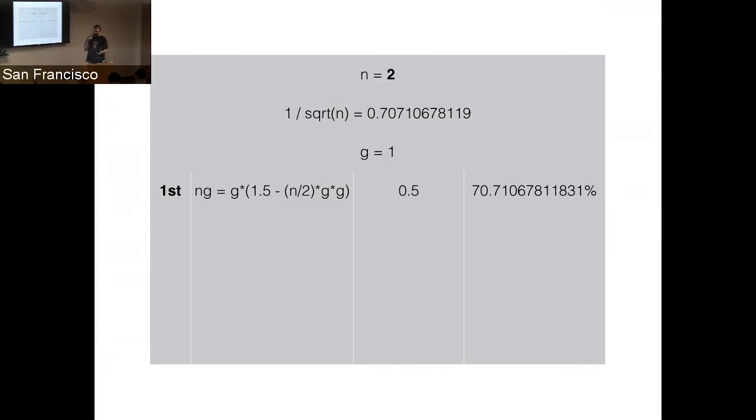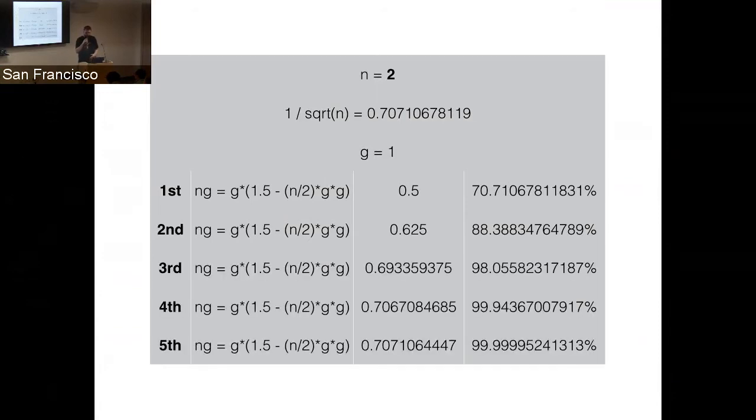So it was okay, but not really great. Let's take the result of this equation and put it in as our new guess. In the second iteration, we put in 0.5 as our guess and calculate again. We see that the result is 88% of what we should expect.